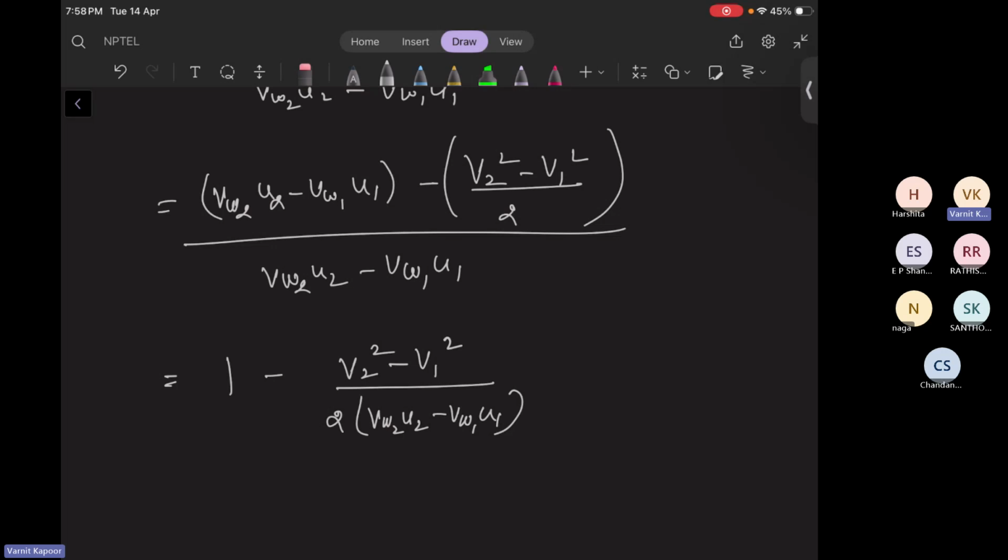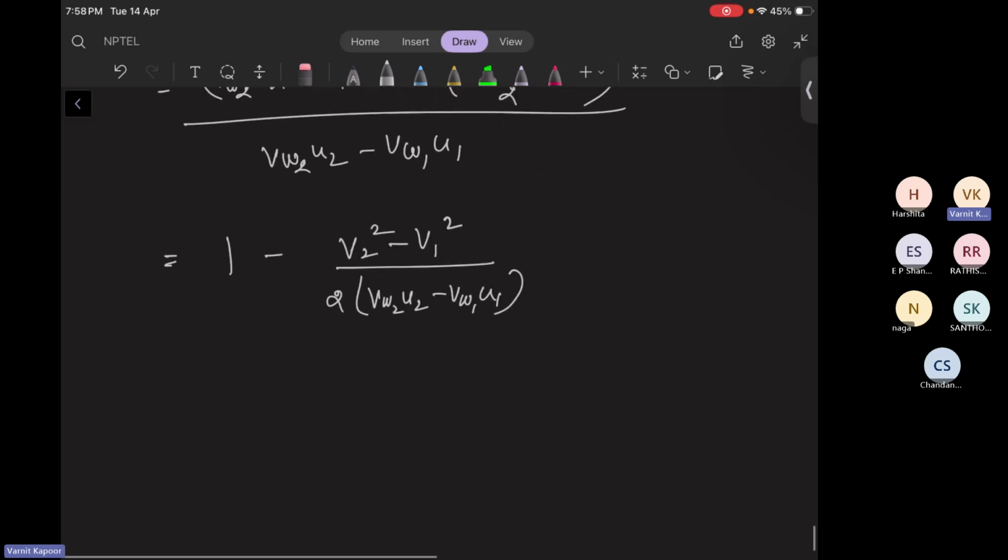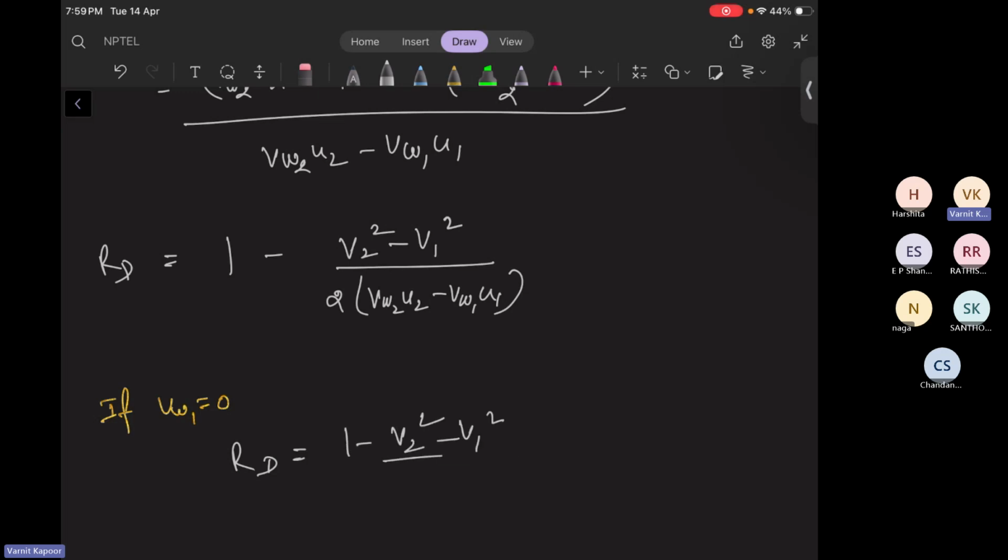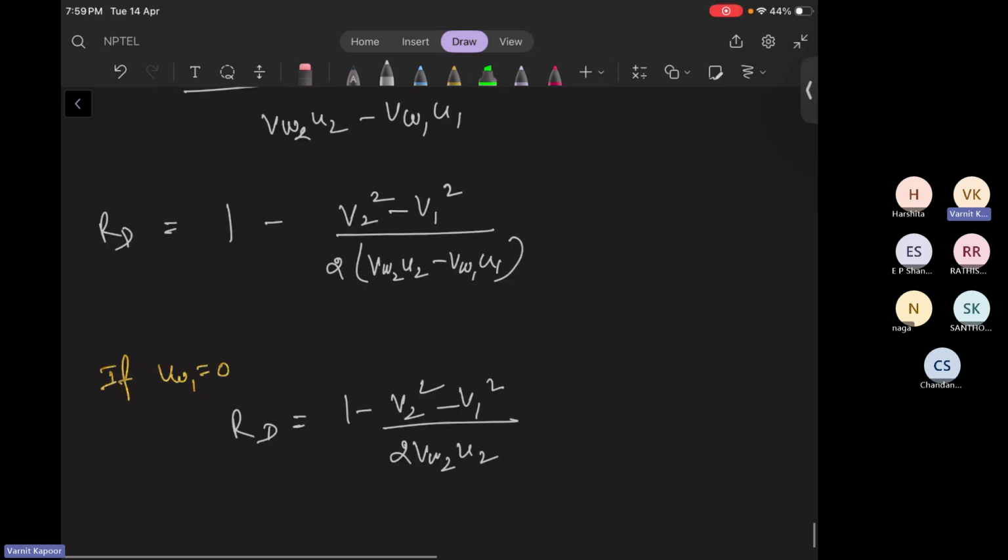Let us say if my whirl component VW1 is 0 at inlet, so RD will be 1 minus V2 square minus V1 square by 2 times VW2 U2.